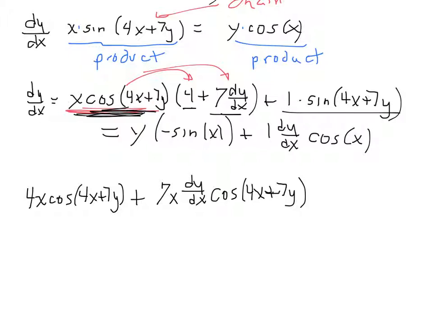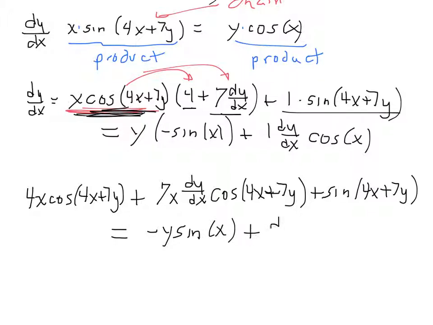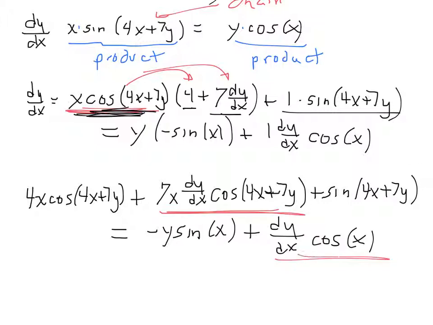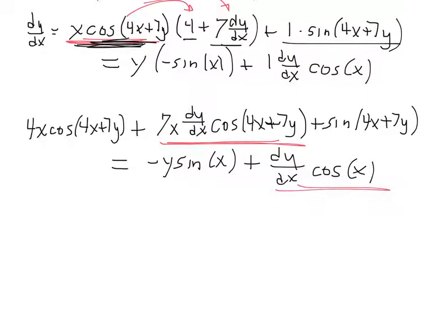Plus, I'm not going to do anything with that. I'll get rid of the 1. Sine of 4x plus 7y. Unfortunately, going to another line. All I'm going to do there is just distribute that. And there's that. The only reason I did that is because now I want to put everything with a dy/dx on one side and everything without a dy/dx on the other side.